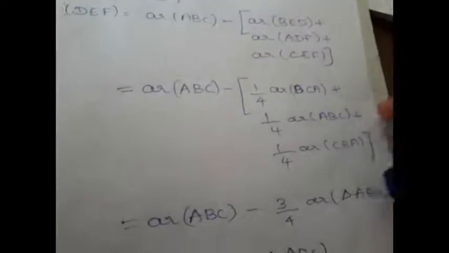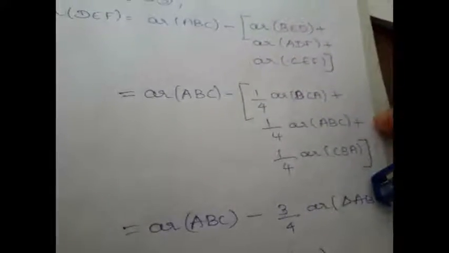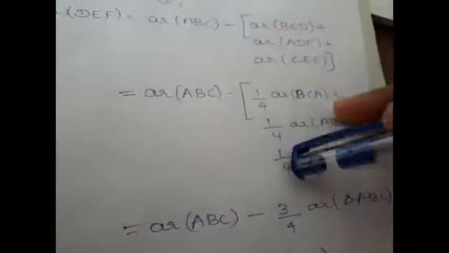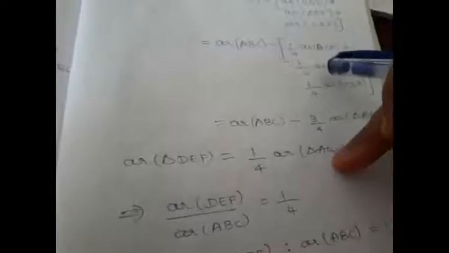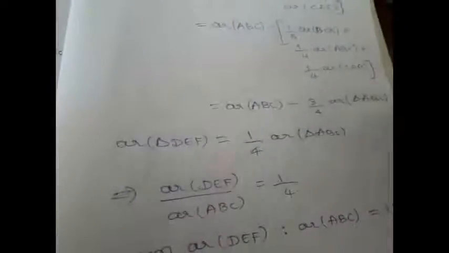So you can write it as ABC itself, right? 1 by 4 plus 1 by 4 plus 1 by 4, it will become 3 by 4. So if you subtract, you will get 1 by 4 area of triangle ABC. Therefore, area of triangle DEF divided by area of triangle ABC is 1 by 4, or else the ratio is 1:4. Yes, thus we found the answer.